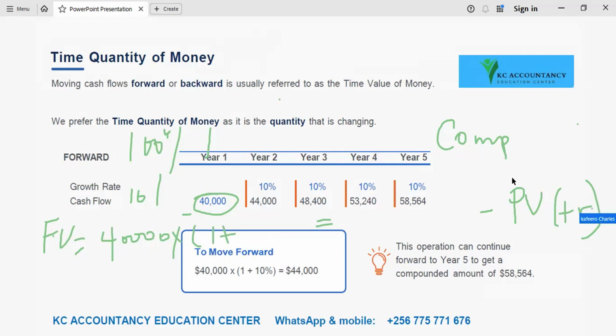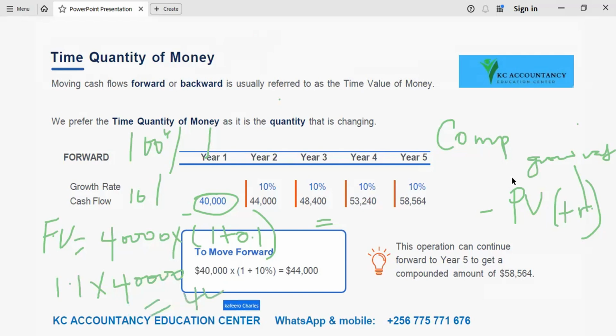This R is our growth rate, which is 10%. 10% is 0.1, so add 0.1 there. It will be 1.1 multiplied by 40,000, and that will give you 44,000.